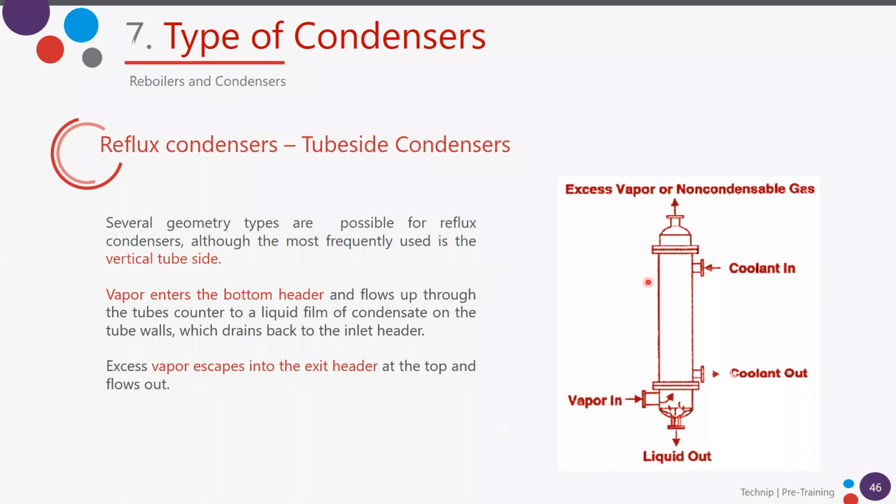Excess vapor escapes into the exit header at the top and flows out, the excess vapor and the non-condensable gas. In this case, cooling water enters at the top of the shell and exits at the bottom.